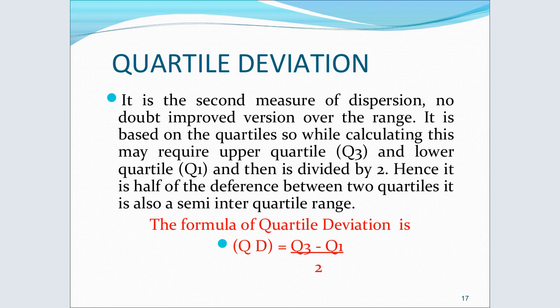Then you don't divide, it is half already. So it is given by half of Q3 minus Q1. So that gives us what we refer to as the quartile deviations. All the same interquartile range.